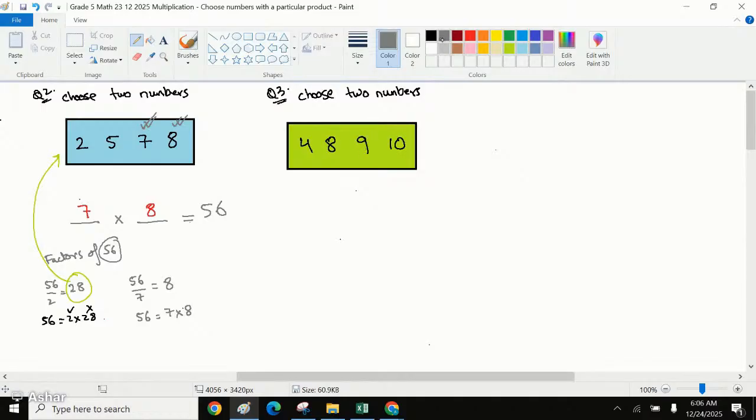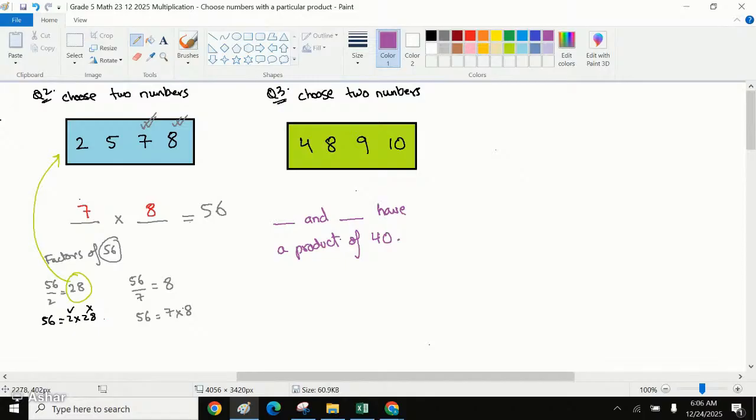And the statement that is written is: dash and the second number dash have a product of 40. Product means multiplication, right?